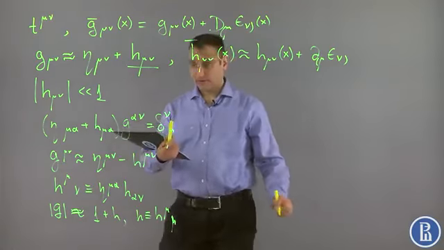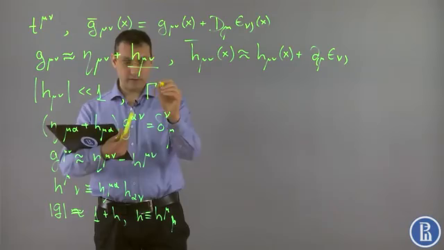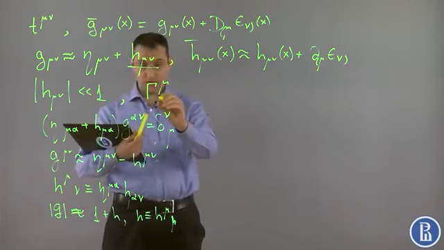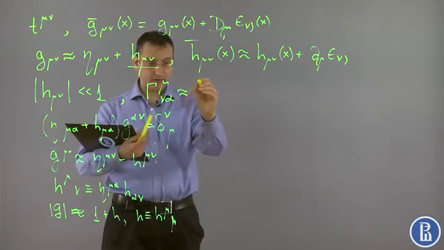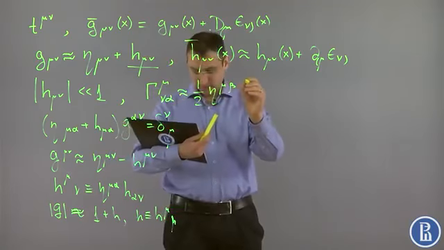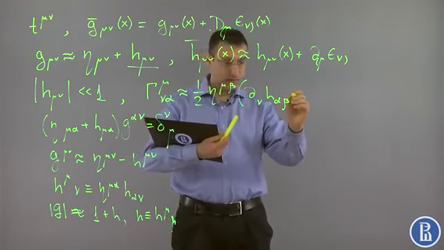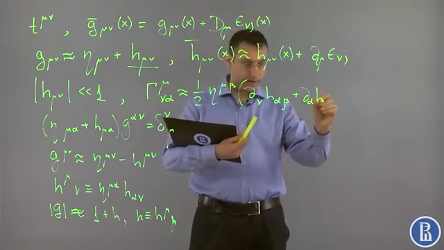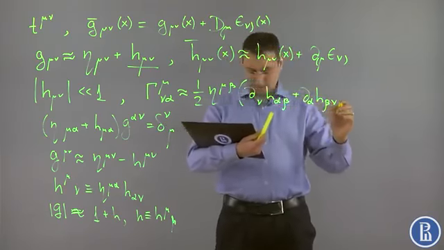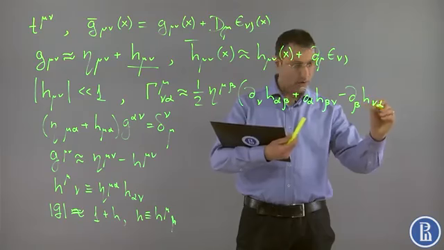In the same approximation, the Christoffel symbols are defined like this: Γ^μ_{να} is approximately 1/2 η^{μβ}(∂_ν h_{αβ} plus ∂_α h_{βν} minus ∂_β h_{να}).